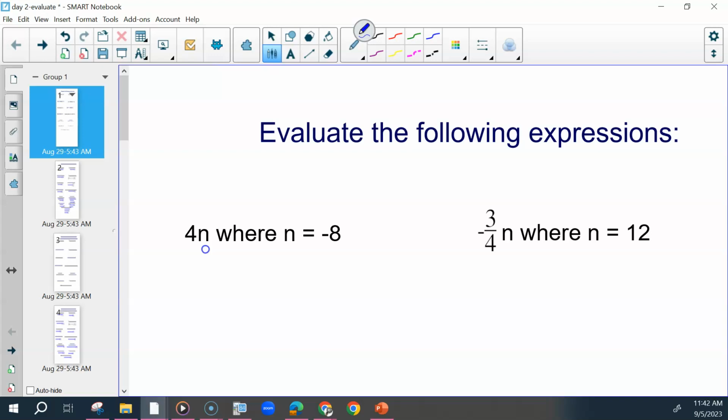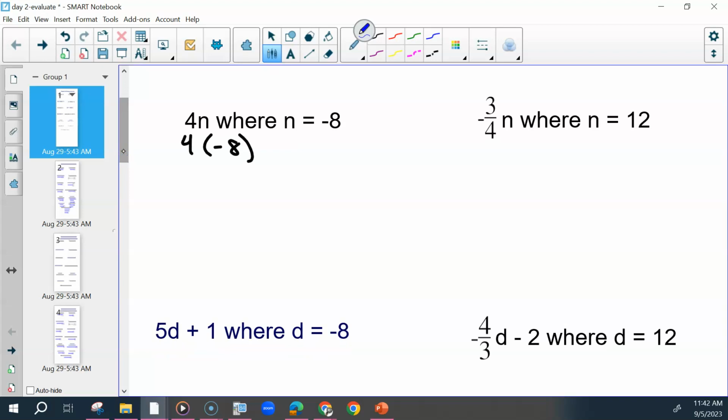Like the substitution property we talked about the other day. Right? So like for this one, we would take this -8 and we put it where n is. So that we no longer have the variable but just the numbers, and then we figure out what that would equal. What would this equal? -32. And that's all we're really doing. Taking, replacing, and then doing whatever math is necessary.